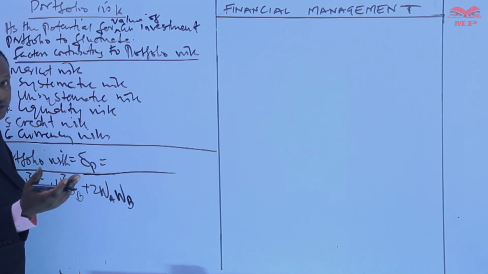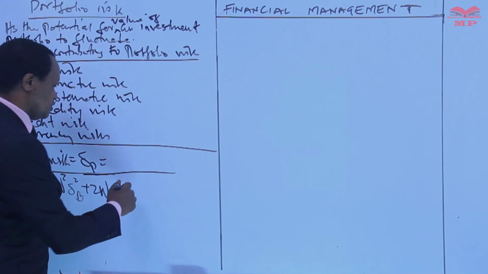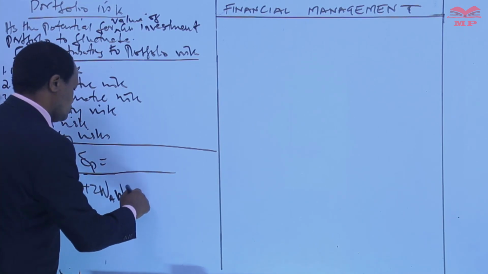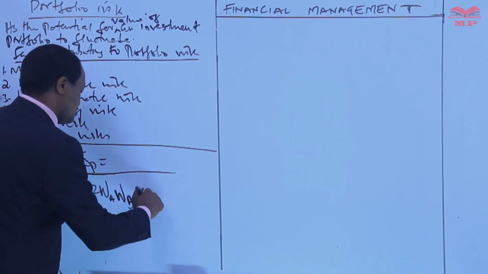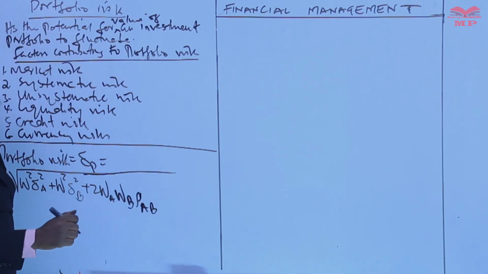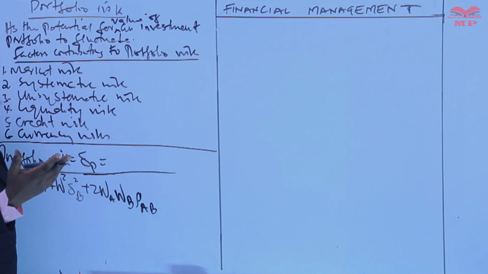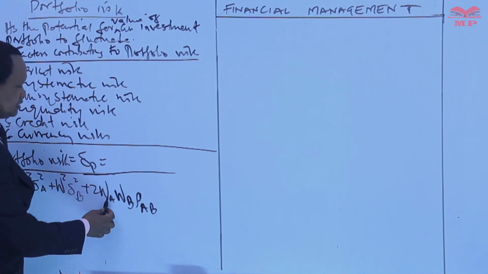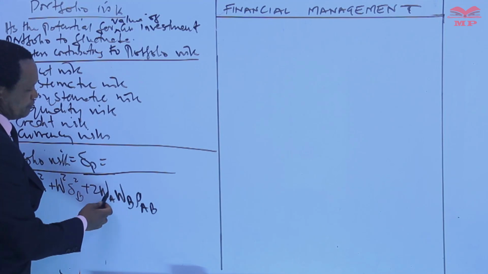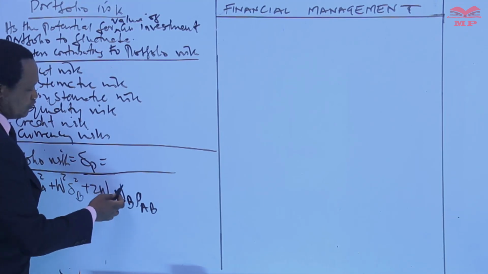Correlation between asset A and B. Okay? So we take this, the product. This is the product of the weights, weight A times weight B.